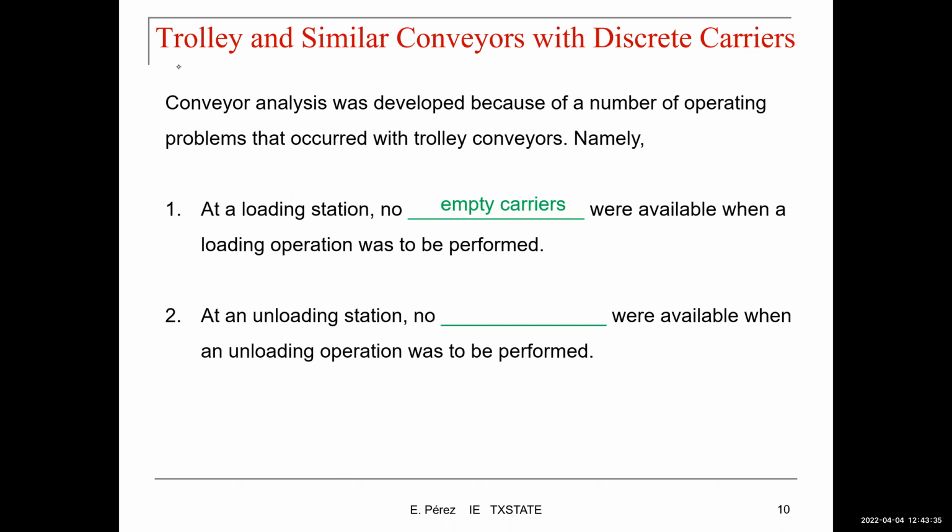That's one of the problems. Also, at an unloading station, no loaded carriers were available when an unloading operation was to be performed. So this is the opposite scenario. You had to pull one of these items in order to continue the process, but you cannot find a loaded carrier to do the unloading. Those are typical problems if a good design is not in place.